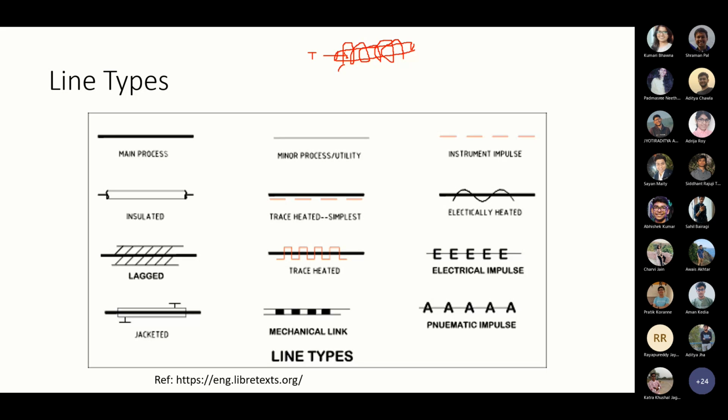Whenever you connect an iron coil or copper coil to the electric power, its temperature will increase, and that way heat transfer takes place from this coil to the inside of the pipe. That way the fluid temperature can be maintained.